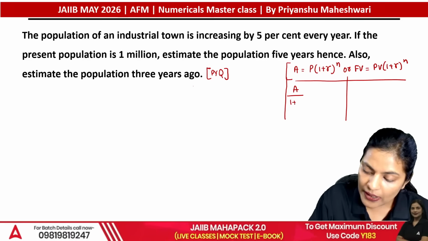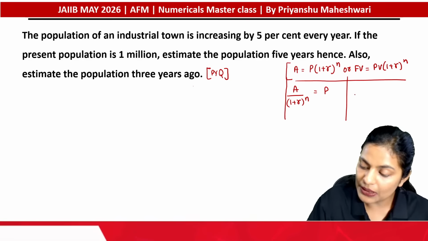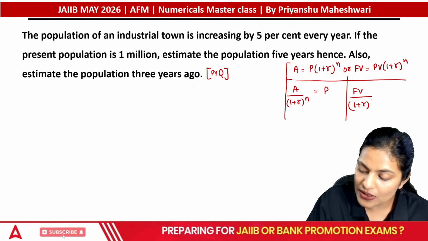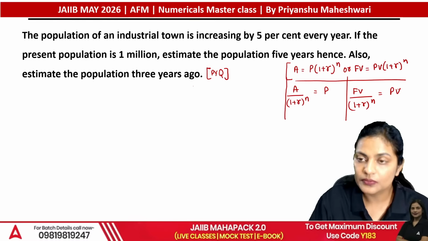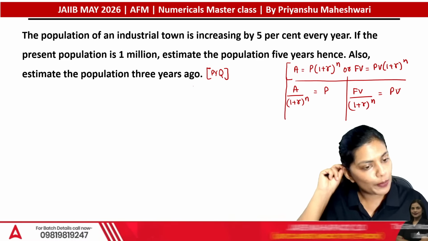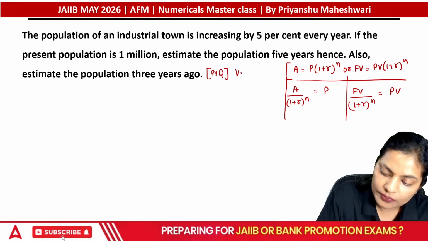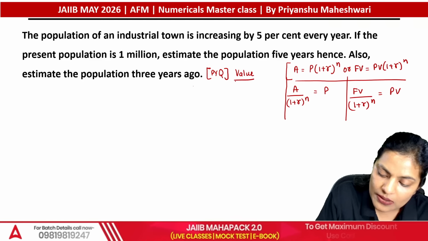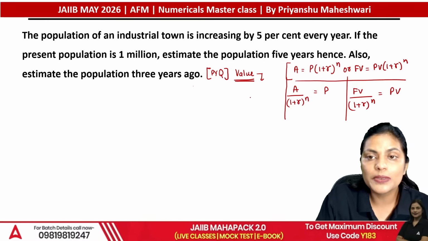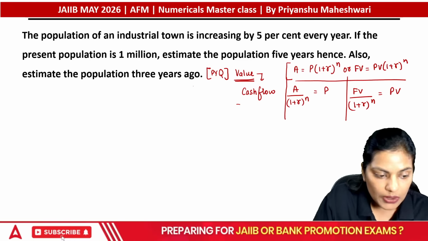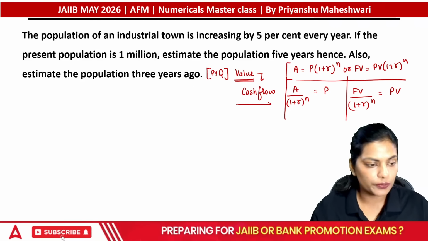Amount divided by 1 plus r power n is equal to principal. Similarly, future value divided by the same formula. We have just given it a fancy name. Correct? Now, while we are saying present value, future value, what does this word value mean? What does the term value mean? Value means cash flow. The term value here refers to cash flow.